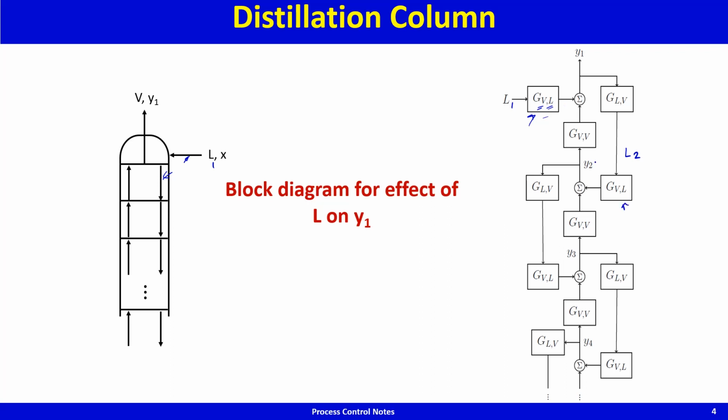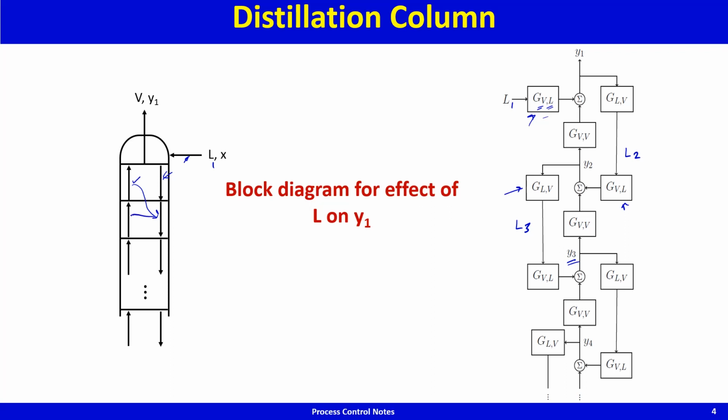That gives you Y2. But then there's a secondary effect. The change in vapor leaving the second tray, which is this guy, causes a change in the liquid going down. That is because of this guy. So you start getting L3 here. And this change in liquid causes a change in the vapor leaving the third tray, which is this guy.